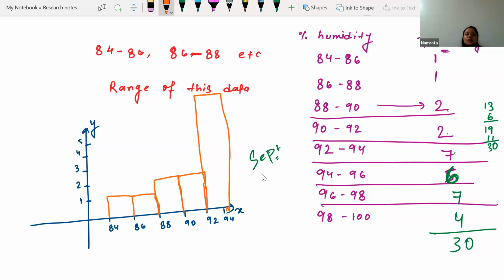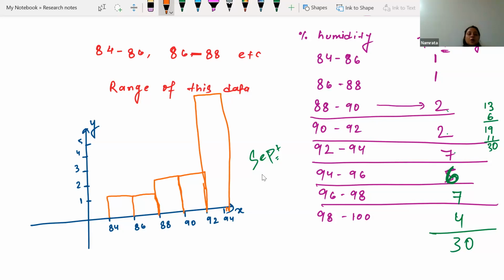All the rectangles, if you look closely, can you see they are all attached to each other? Yes, ma'am. This is how our histogram will look, like a solid figure. There will be no gap. Why will there be no gap?